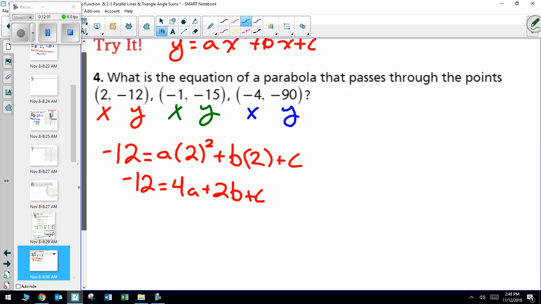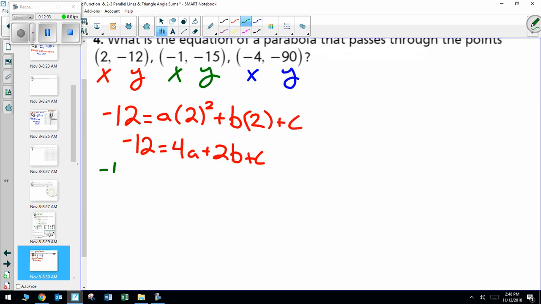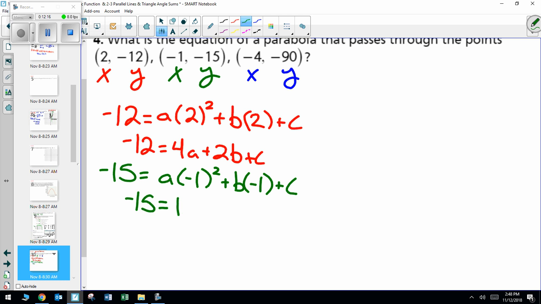My second equation becomes -15 equals A times -1 squared plus B times -1 plus C, which simplifies to -15 equals 1A minus 1B plus 1C, or just C. Remember, you don't really have to write 1A or minus 1B.